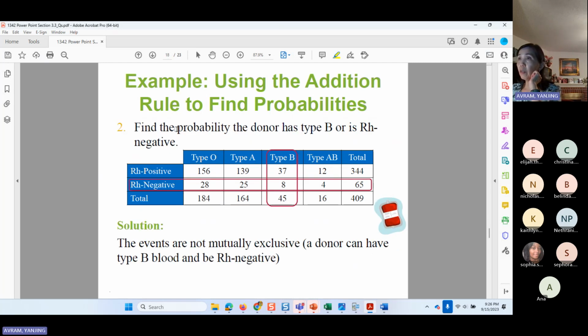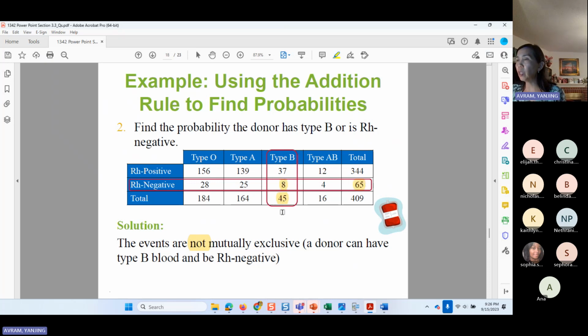The second one, you want to find the probability of a type B or Rh negative. All right, so this one is not mutually exclusive. Why is it not mutually exclusive? Because if you add type B together, you have 45, right? And then if you look at the Rh negative, you also include 8. If you use the 65 in here, you already include 8.